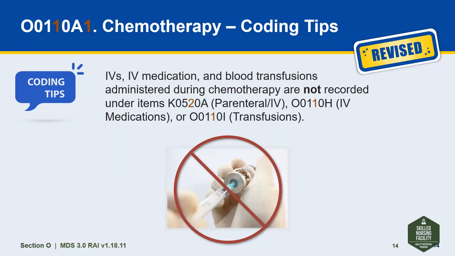The tip now reads, IVs, IV medication, and blood transfusions administered during chemotherapy are not recorded under items K0520A, parenteral IV, O0110H, IV medications, or O0110I, transfusions.